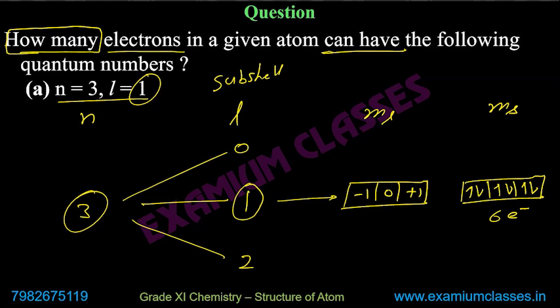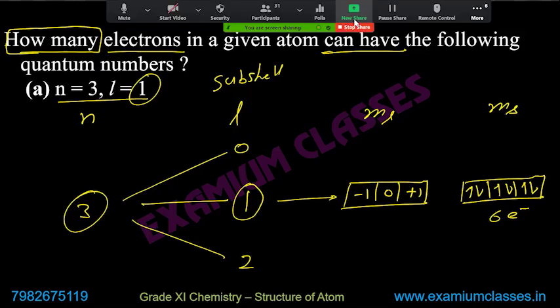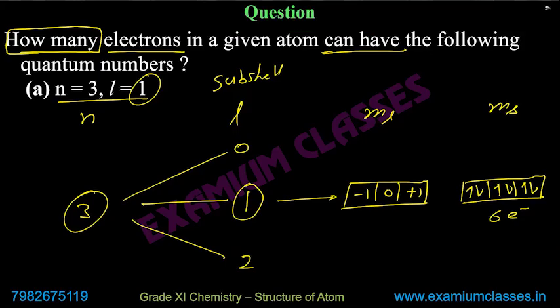Sir, how did we get 6 electrons? First, were you able to understand how I got the subshell? Subshell is given 1 only. So we will not consider this one. In the question, it is given for shell 3. I am considering only this subshell.